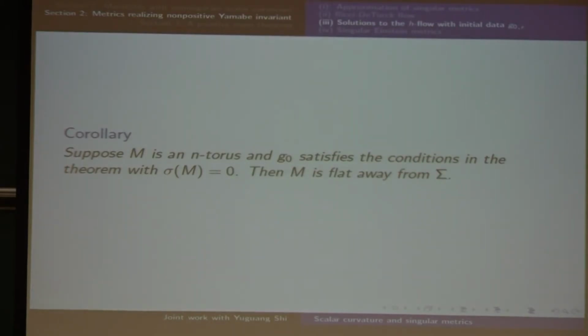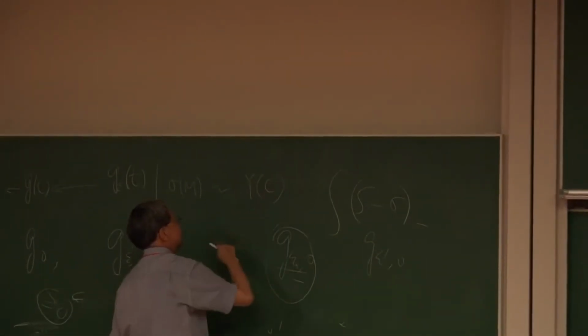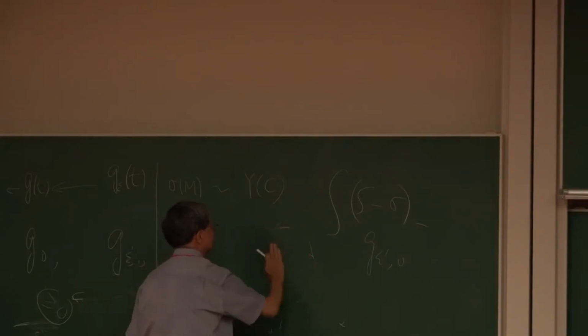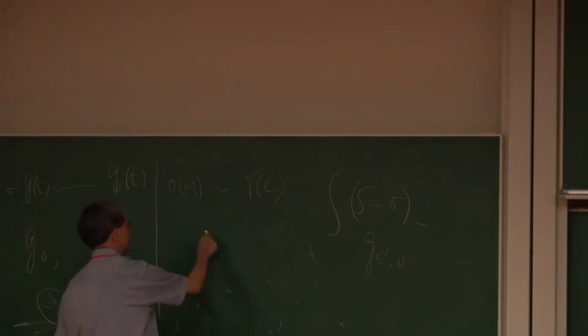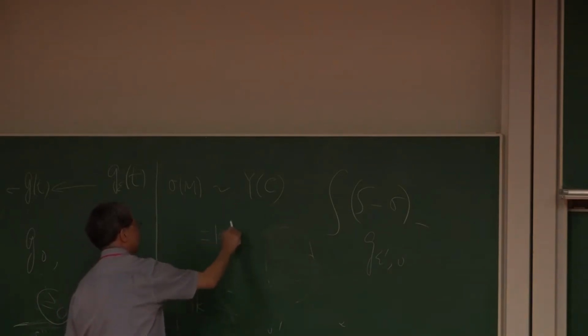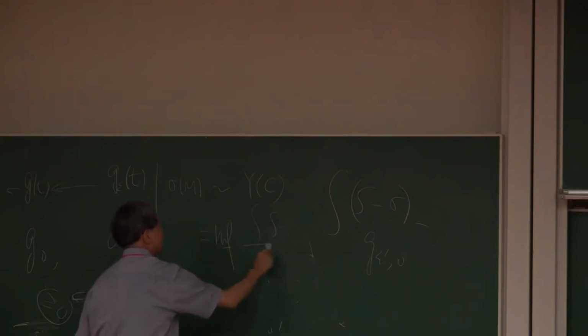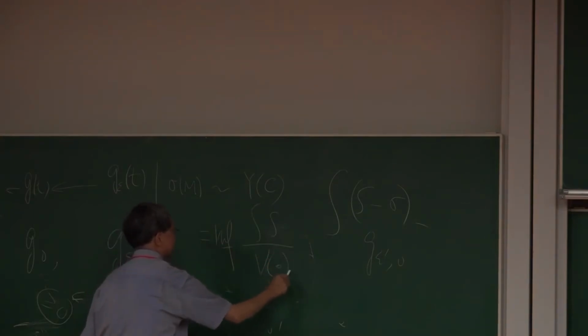for this particular case. But we want to understand what g0 is in general. So the question is, remember what sigma m is? Sigma m is the supremum of the Yamabe constant of some class. This is just the infimum of the scalar curvature normalized with the volume to be 1.